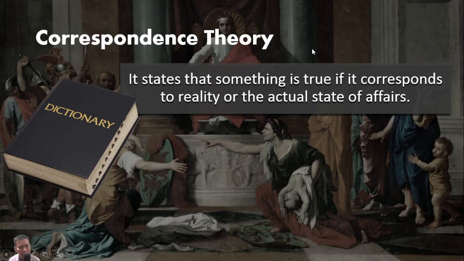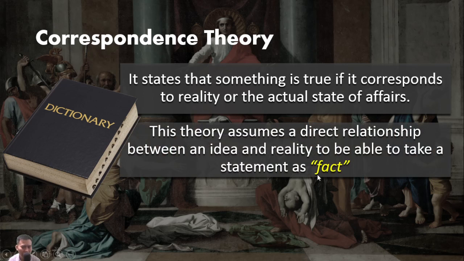Okay, as you can see in the picture, we have a dictionary. So this theory assumes a direct relationship between an idea and reality to be able to take a statement as fact. Okay?